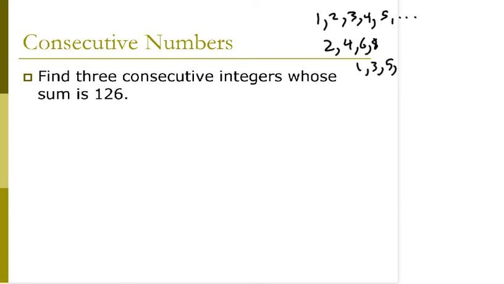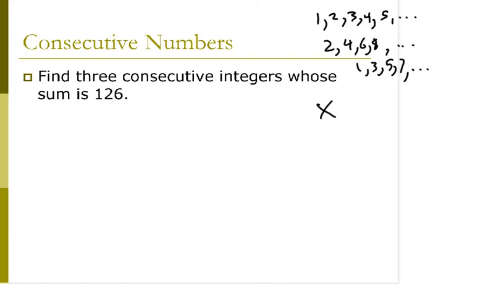So this here says find 3 consecutive integers whose sum is 126. It doesn't say odd, it doesn't say even, so it's just one after the other. If we start with some number, x, then we'd have to add 1 to it to get the next one.